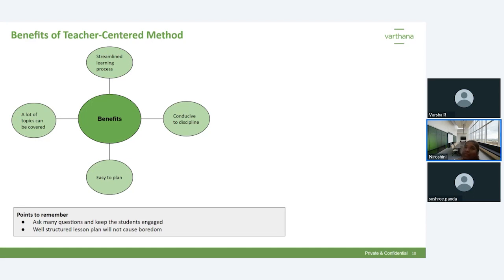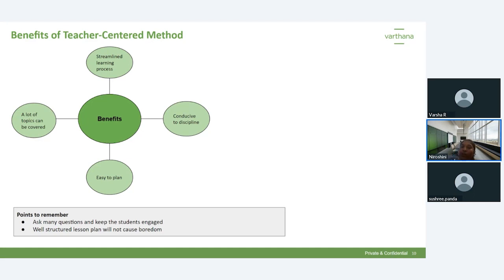But in this method, we have a couple of points to remember. We need to ask a lot of questions when the classroom interaction is happening in order to keep the children engaged. This would definitely avoid boredom for certain students, because being passive listeners in this methodology, they often tend to get bored very quickly.